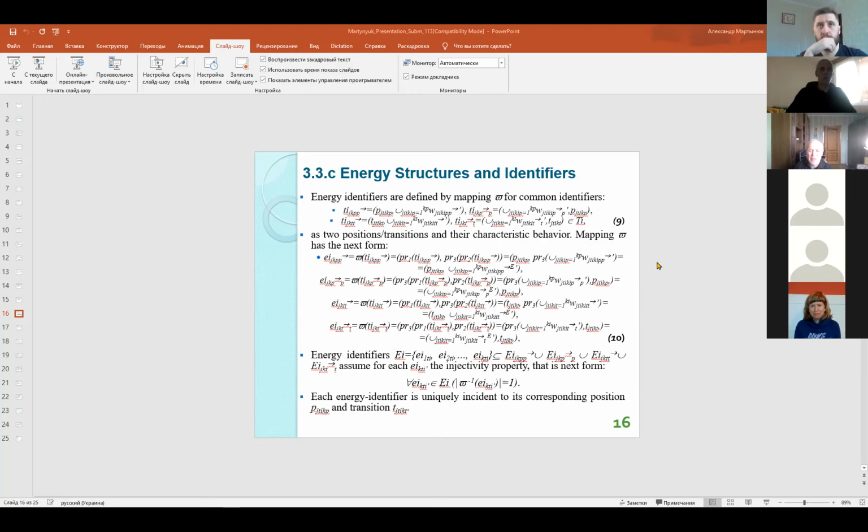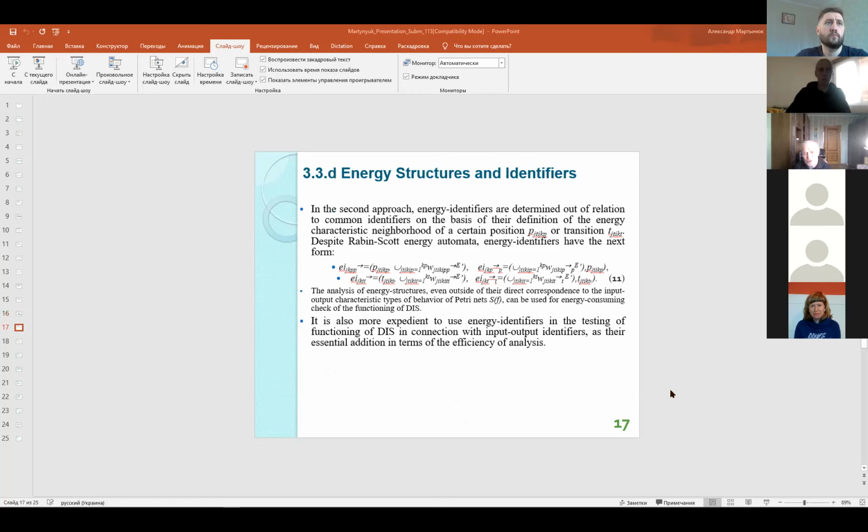Mapping M has the next form. Energy identifiers assume for each identifier the injectivity property that is its next form. Each energy identifier is unequally incident to its corresponding position and transition.